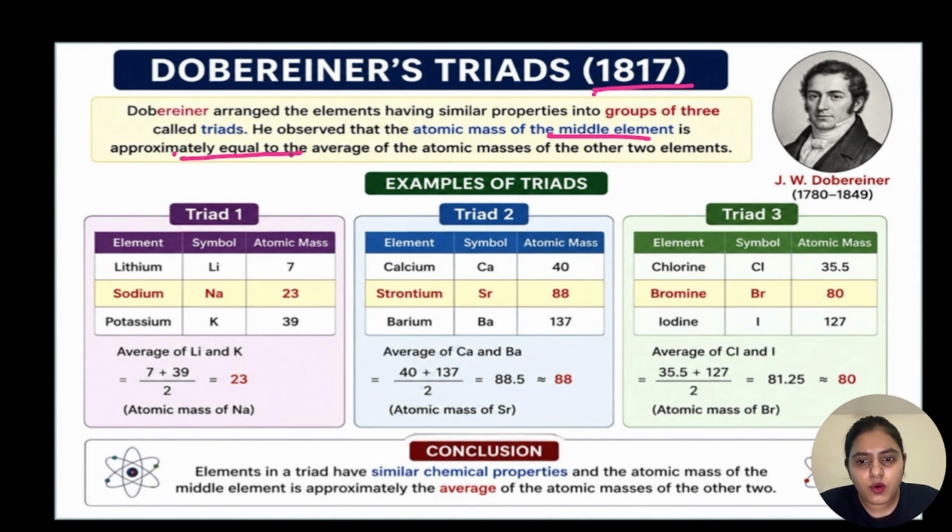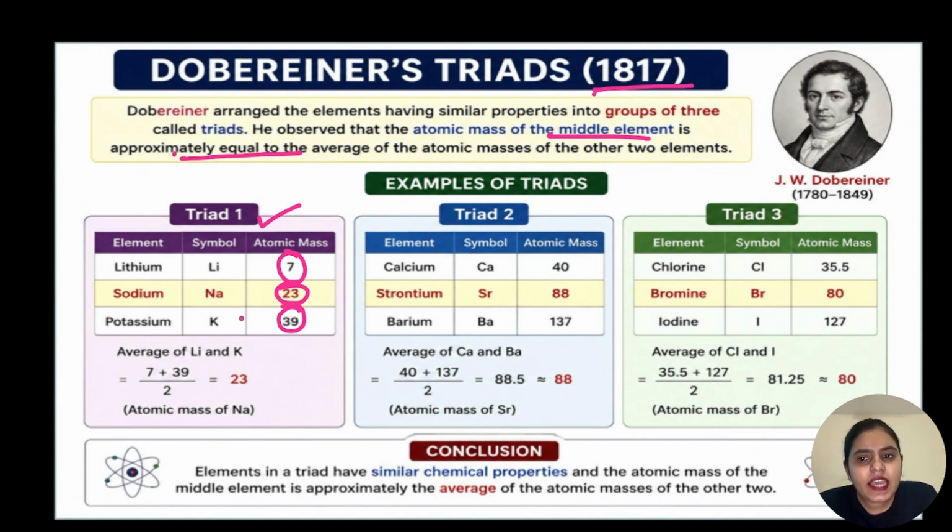Okay, so let's understand with some examples. First, Dobereiner triads: lithium, sodium and potassium. Lithium has an atomic mass of 7, sodium 23, and the atomic mass of potassium is 39.